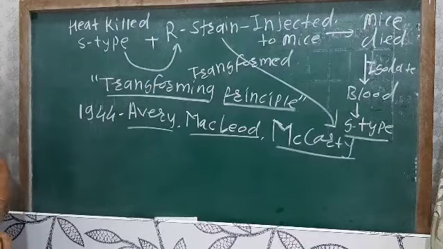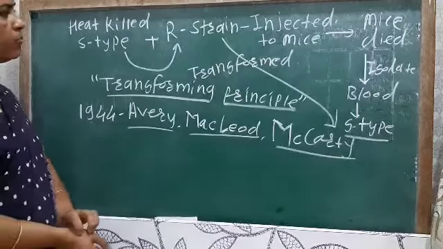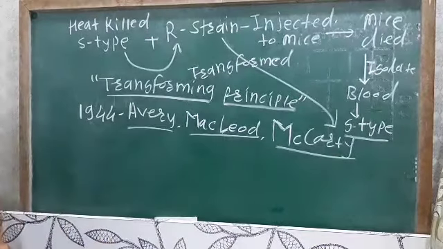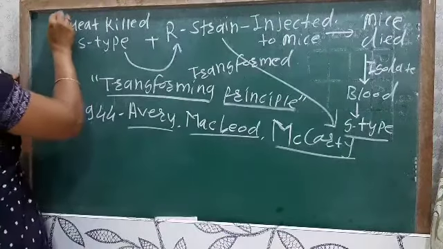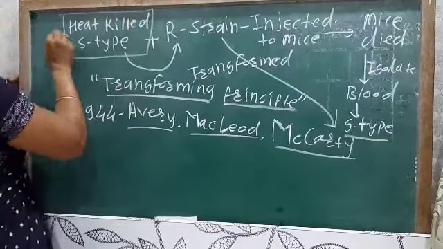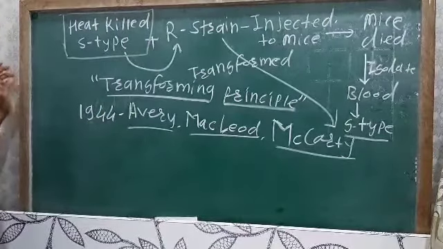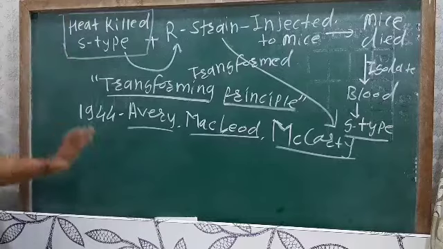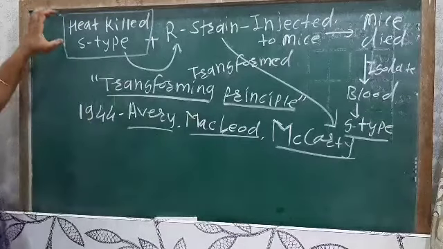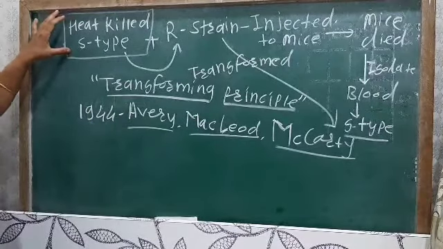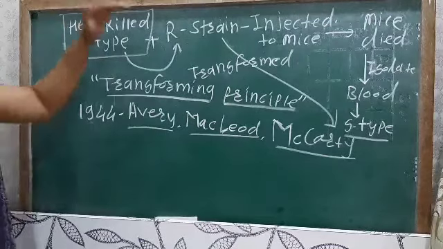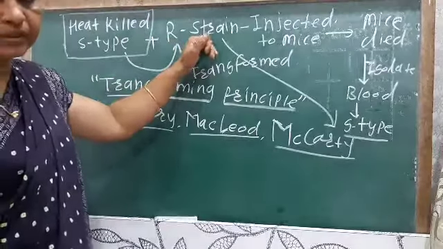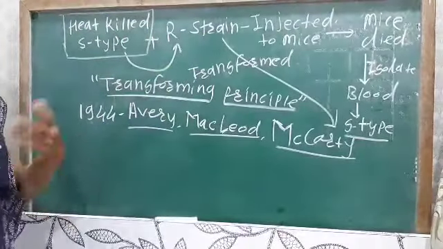These three scientists proved it using the Griffith's experiment, that is the heat killed S type bacterial strain. They used three substances from the heat killed S type bacterial strain, added them to the R strain, and observed which is the transforming principle.